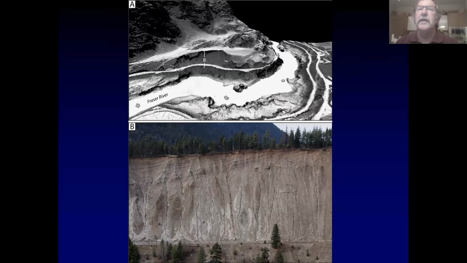And what you're looking at, above the line labeled B, which is where the photograph is taken, is a sort of whaleback form. It lies down valley of a bedrock ridge that extends out into the Fraser River Valley here. And the river takes a big turn and has deposited this whaleback form, which postdates the ice sheet, but of course predates the Fraser River having cut down through this sequence to its present position.